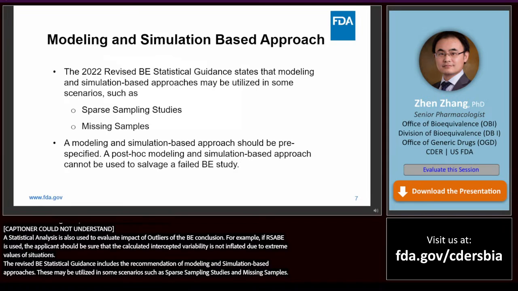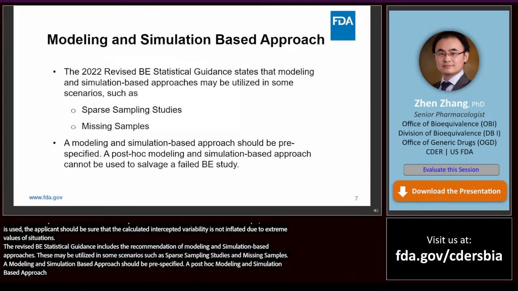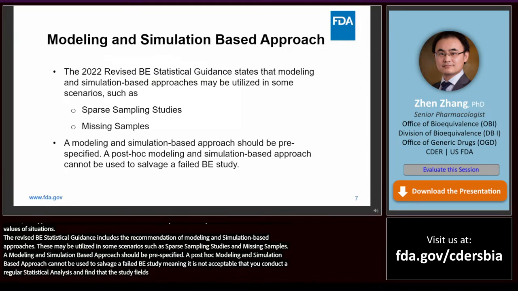A post-hoc modeling and simulation-based approach cannot be used to salvage a failed BE study. That is, it is not acceptable that you conduct a regular statistical analysis and find the study fails, and then you use a modeling and simulation approach to show that the study could pass.